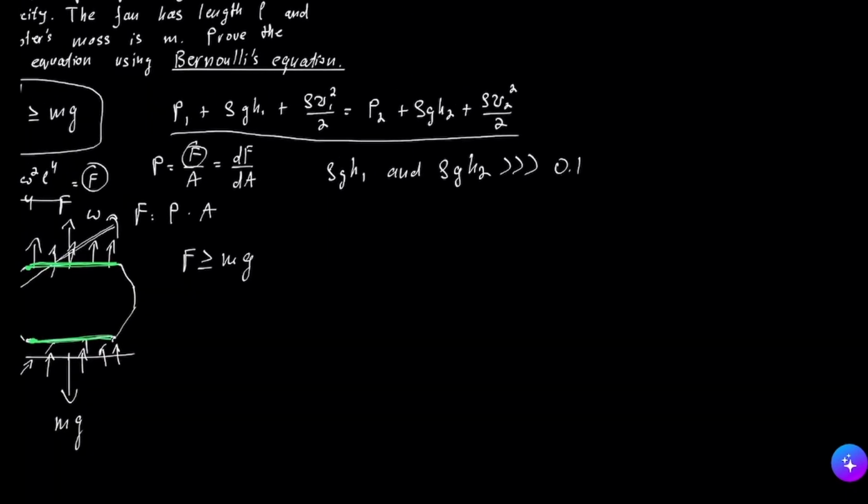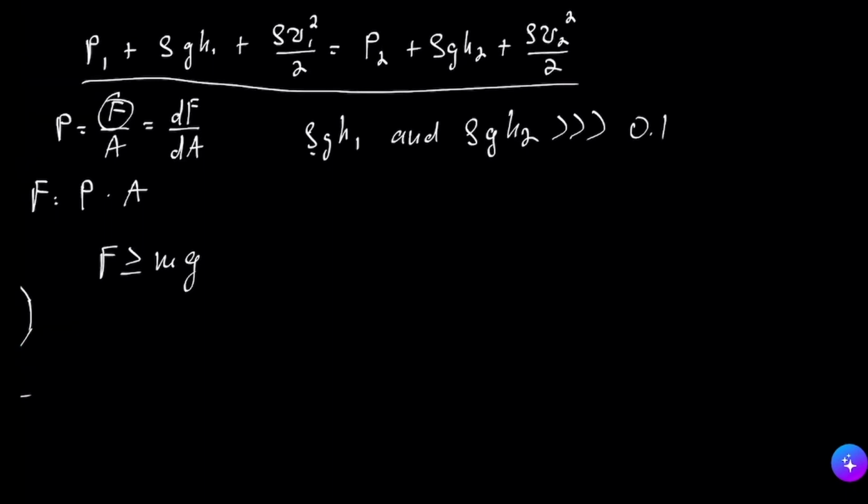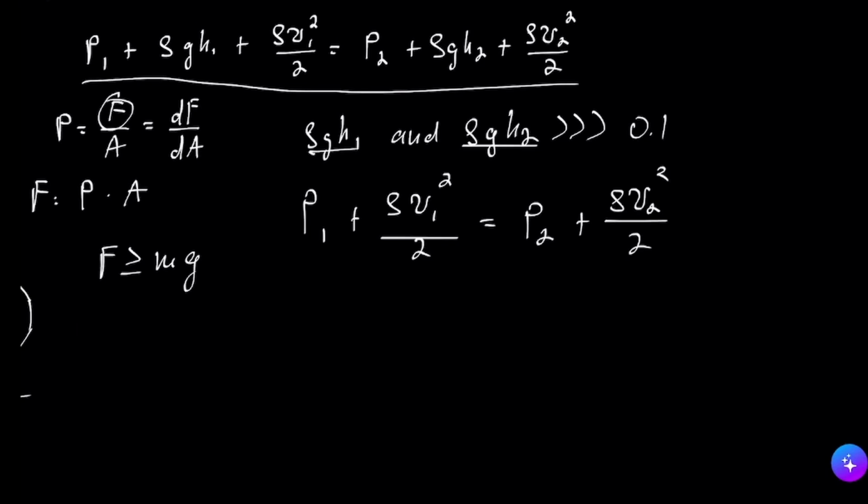Then we can just take these two out of the equation to make it easier. Let's write it this way: P1 plus rho v1 squared divided by 2 equals P2 plus rho v2 squared divided by 2.